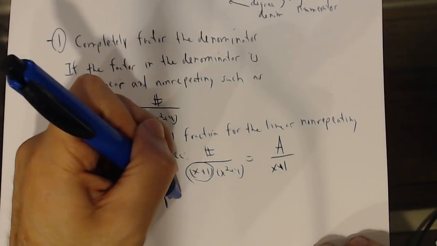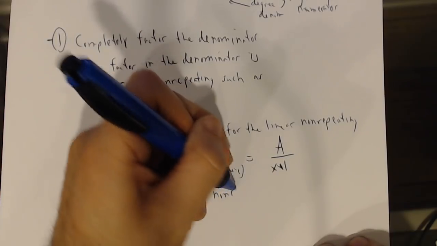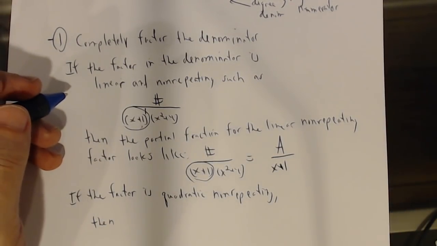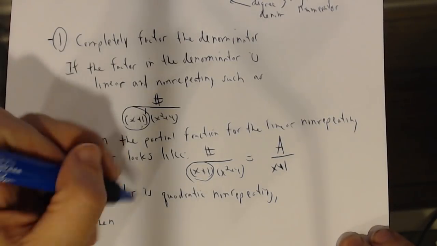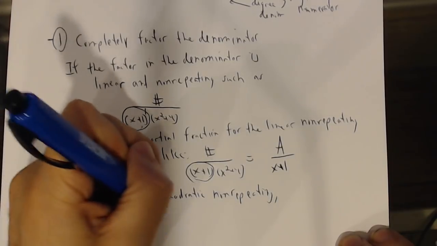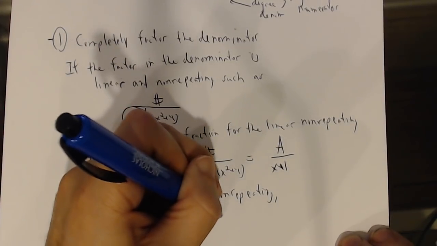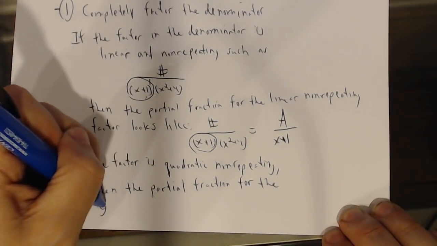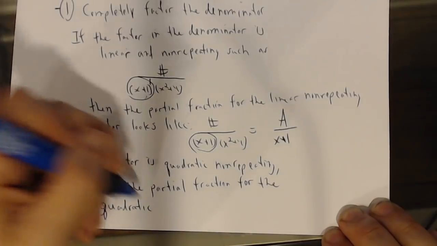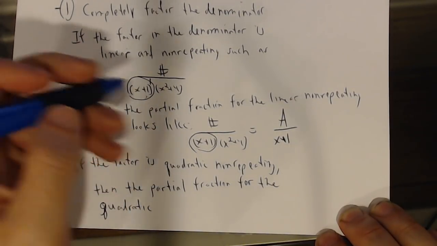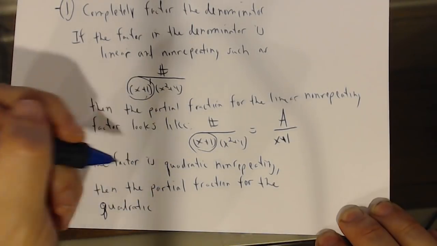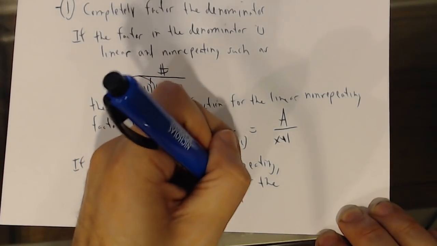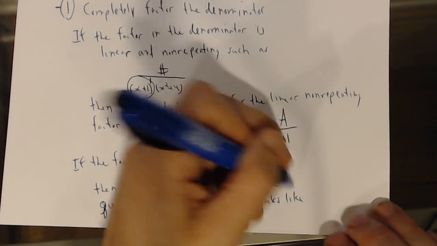Okay? Now, we would say that if the factor is quadratic non-repeating, then the partial fraction for the quadratic non-repeating factor looks like the following.